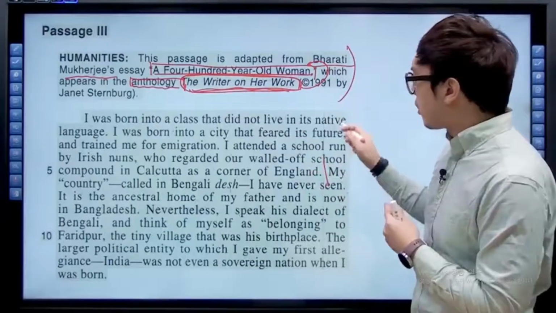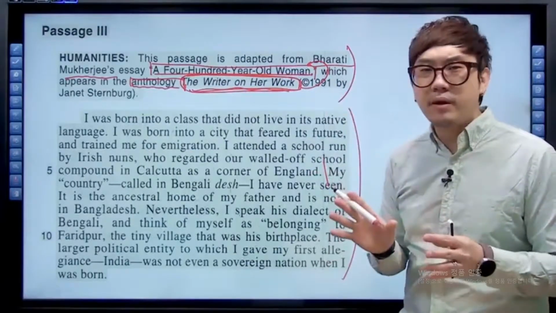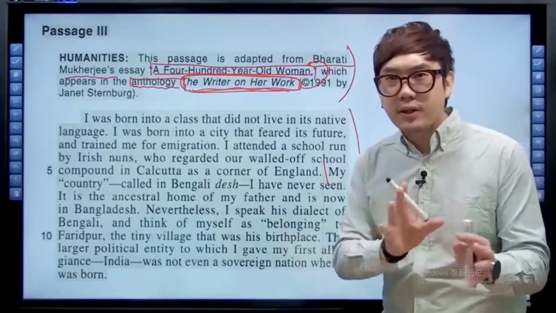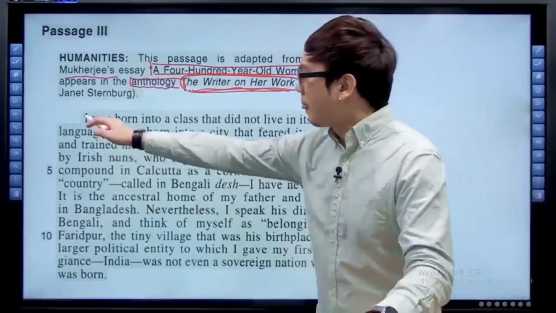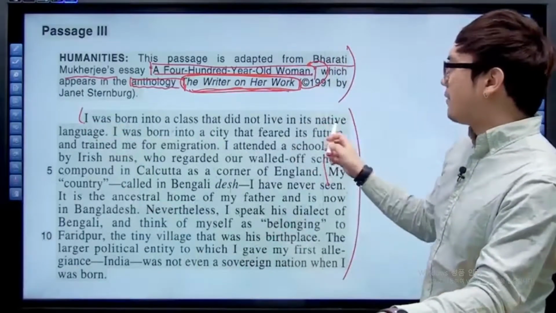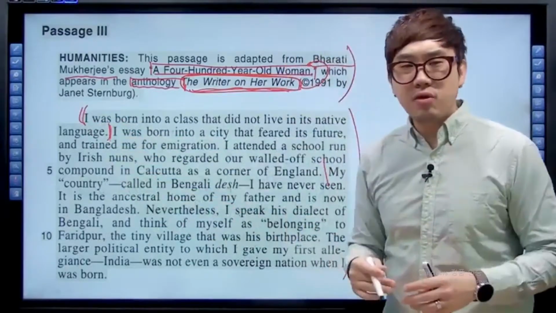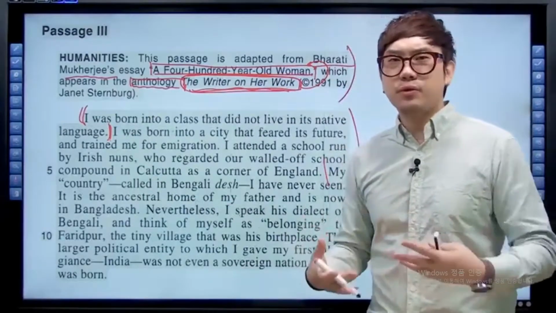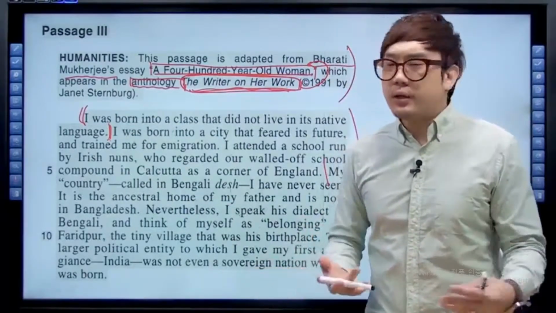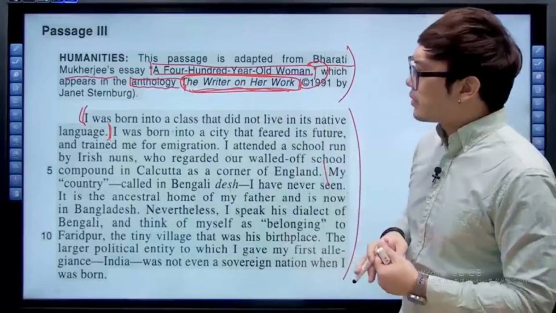Now, remember, I told you this is an introductory part. So what you want to do is read the first and the last sentence. It says, "I was born into a class that did not live in its native language." That already shows you some kind of segregation or social issue that she was facing when she was born.